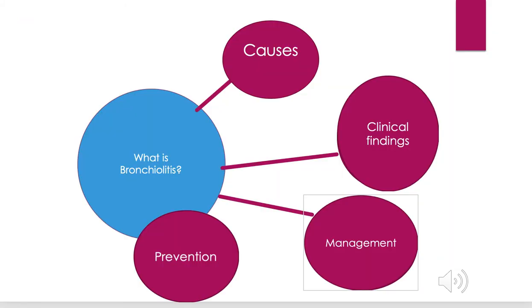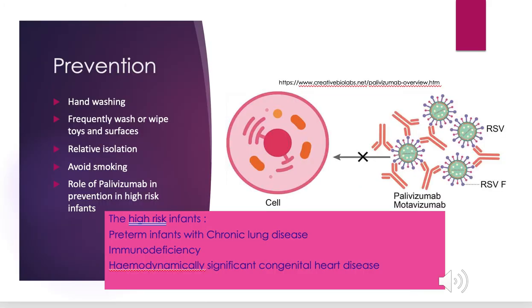So finally, the prevention aspect, which is equally important. On ward rounds, we would advise regular hand washing, even amongst family members. It is quite important to keep toys and surfaces clean by frequently washing or wiping them. Smoking should be avoided.